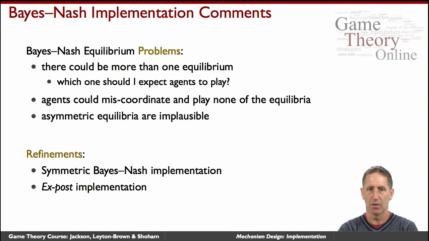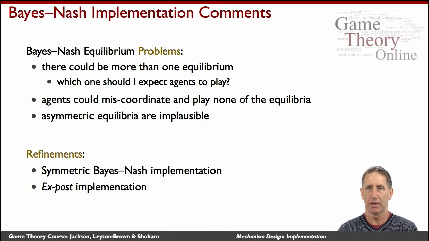But let me, for now, stay at the more abstract level and make a few comments about Bayes-Nash implementation. First of all, there could be multiple equilibria. And we're back to the same issue that we have in game theory in general, even before we speak about mechanism design.